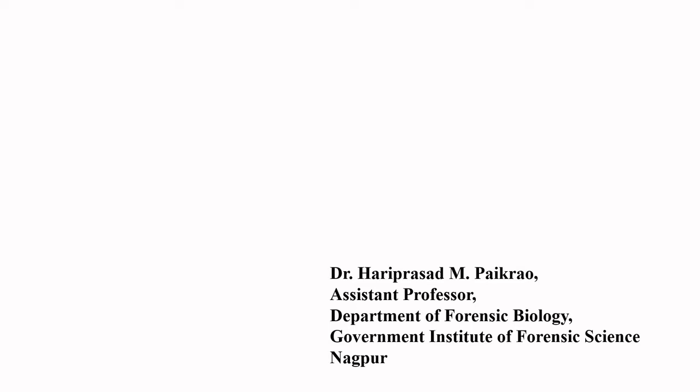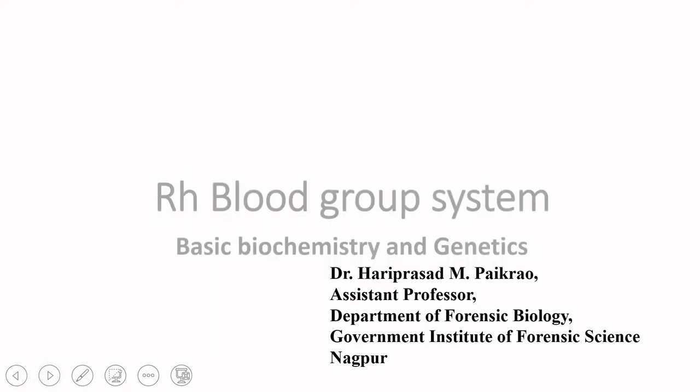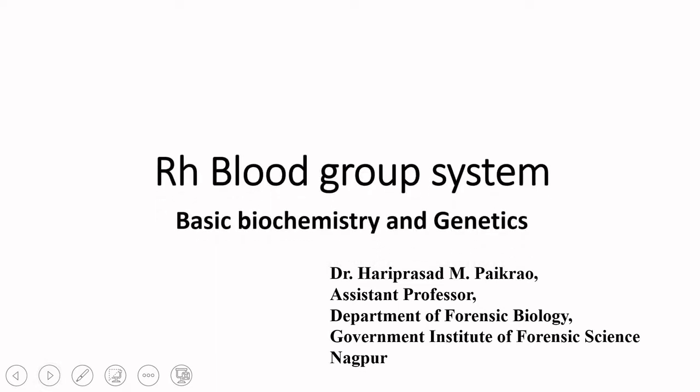As we have studied in the last lecture about the ABO blood group system, now we'll go further in this particular unit with the next topic, that is the RH blood group system, where we'll see what is the basic biochemistry and genetics of this RH blood group system.